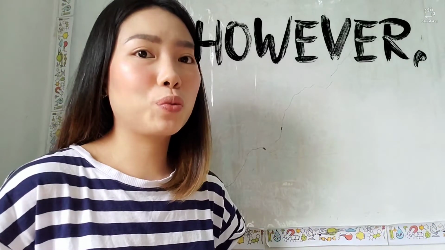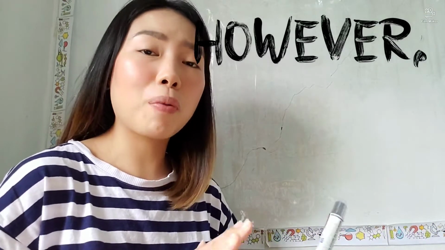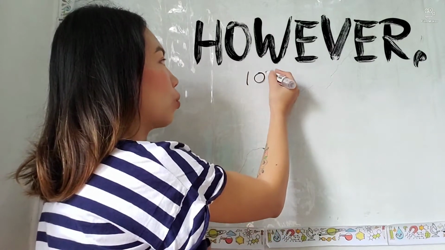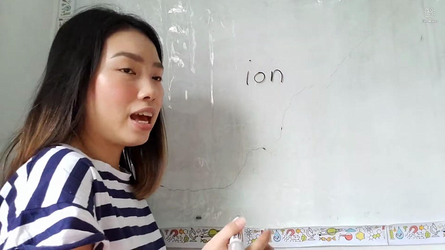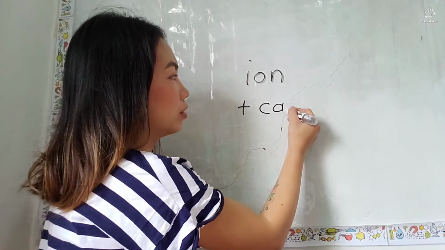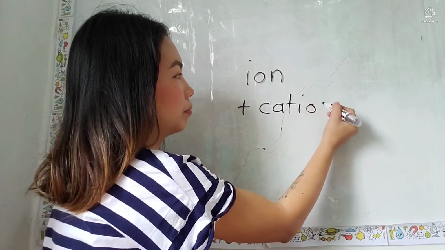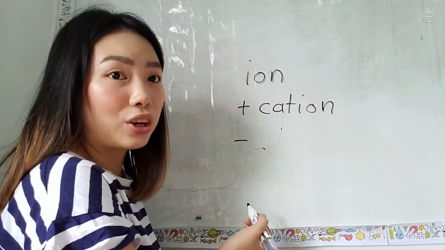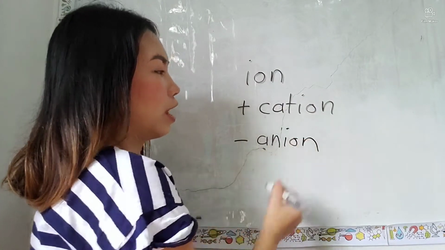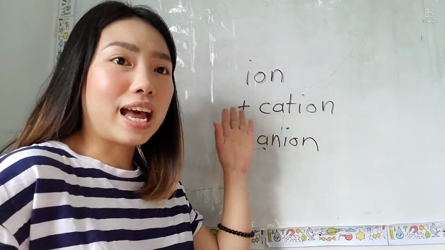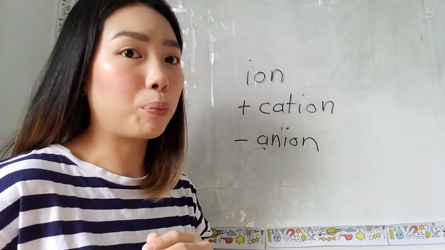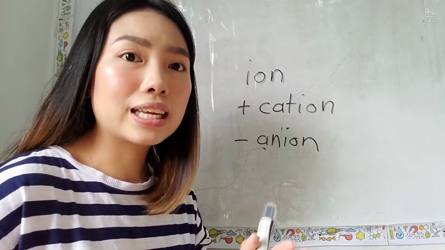However, there is what we call as ions, positive and negative ion. So ion is I-O-N. The positive ion is called cation. And the negative ion is called anion. So yung ions natin makes electron and proton not the same.